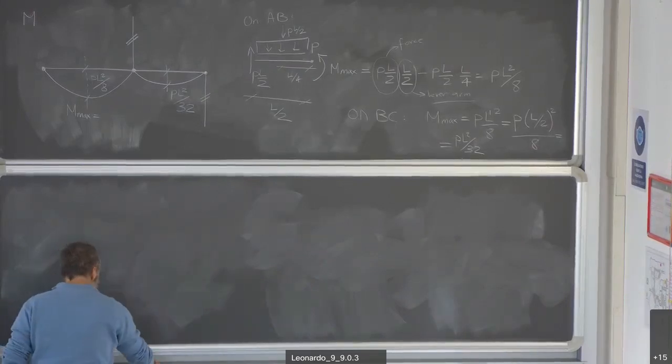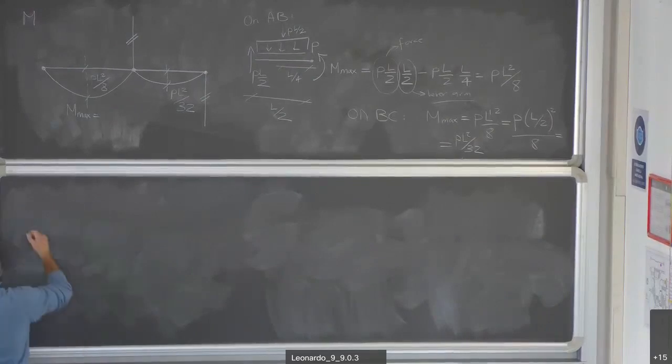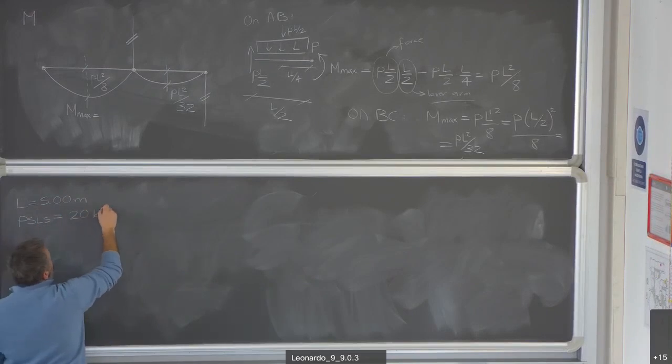I will just recall them here. L is equal to 5 meters. Are we designing in this question? Yes. PSLS, meaning serviceability limit state, is equal to 20 kilonewton per meter.